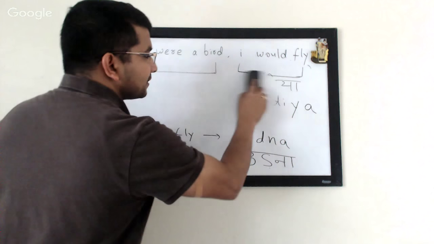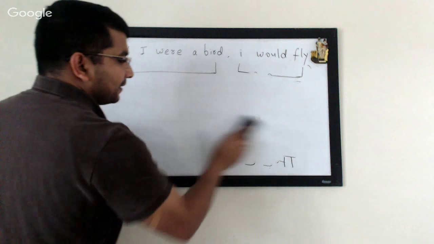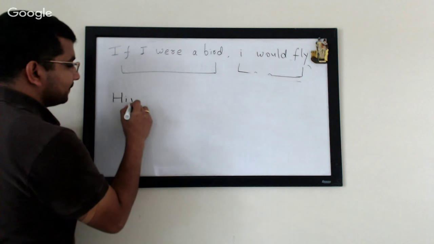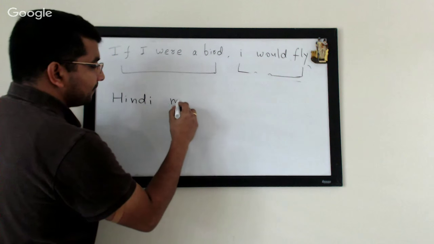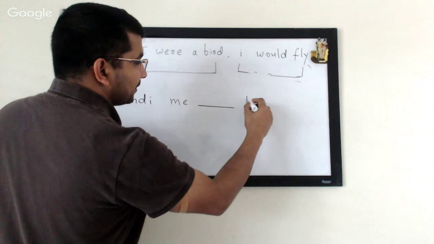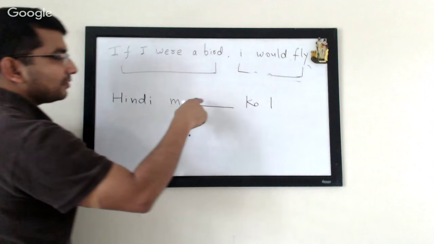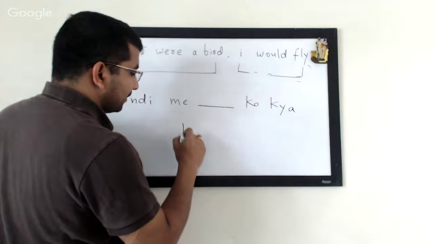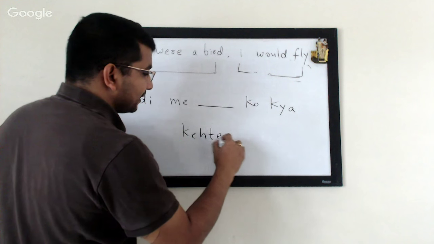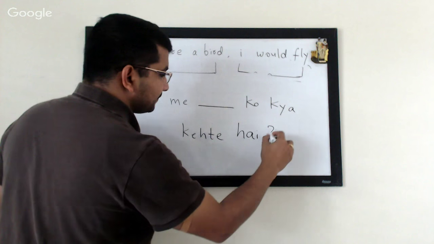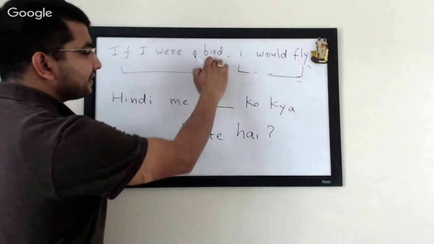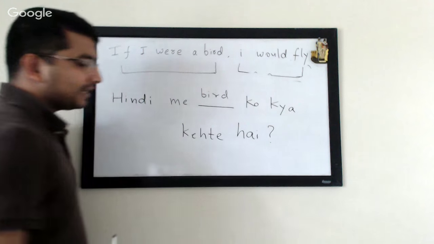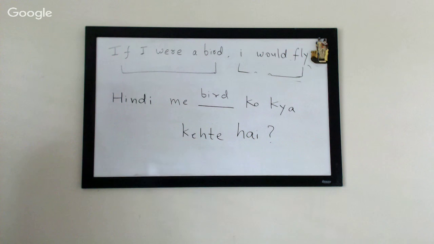And the formula is हिंदी में, then the word you want to inquire about, को क्या कहते हैं, right? हिंदी में, in this case bird, हिंदी में bird को क्या कहते हैं? How do you say bird in Hindi?